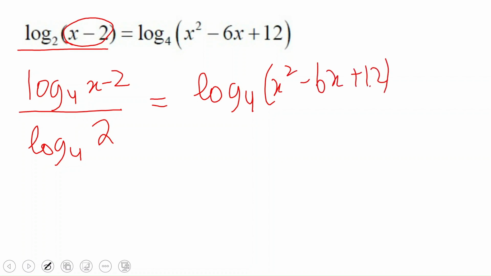Now, what is this value going to be? This expression is basically telling us what 4 to the power of what is equal to 2, which is going to be square root of 4. So log base 4 of 2 is going to be 1 by 2.